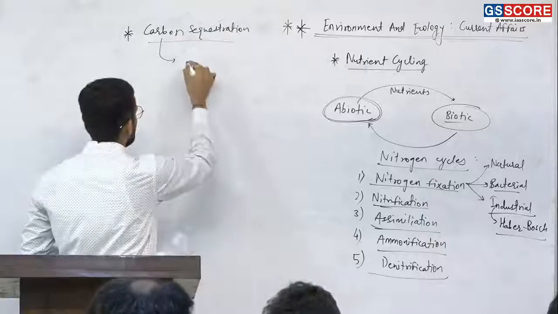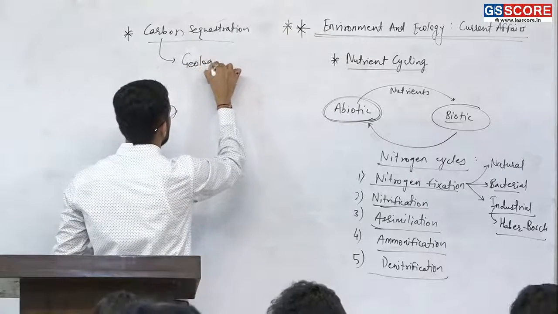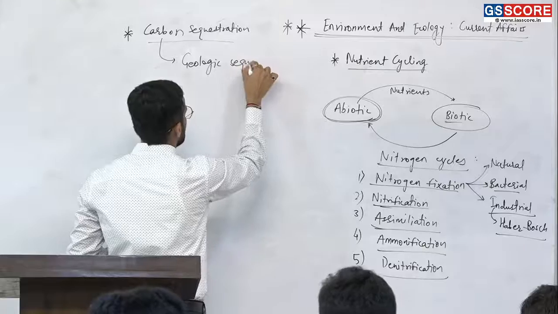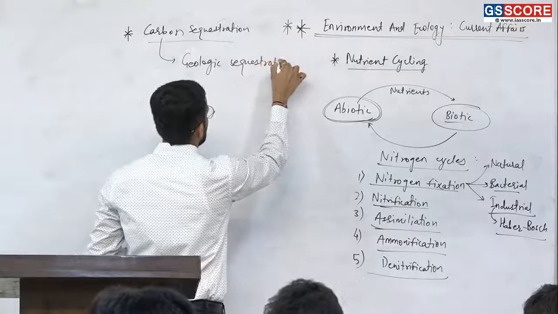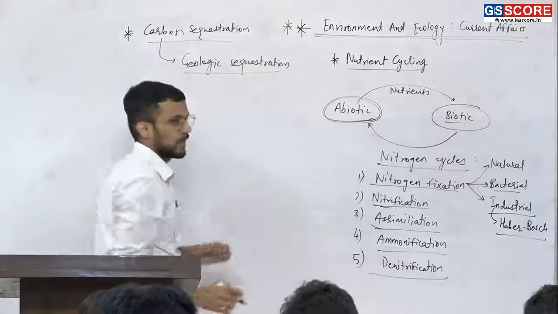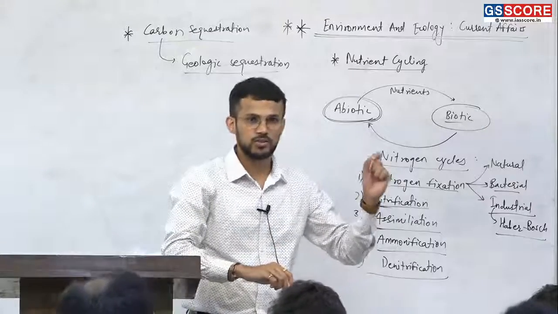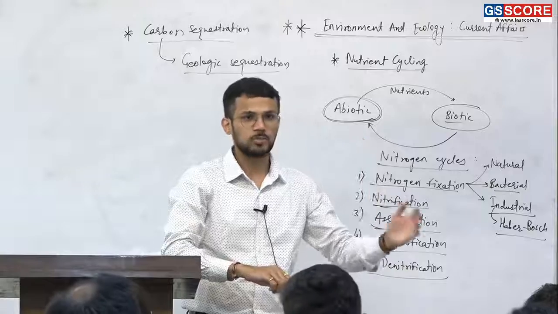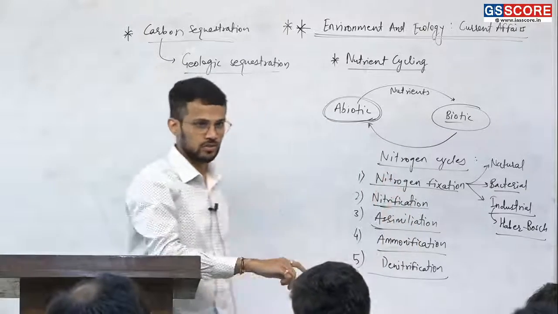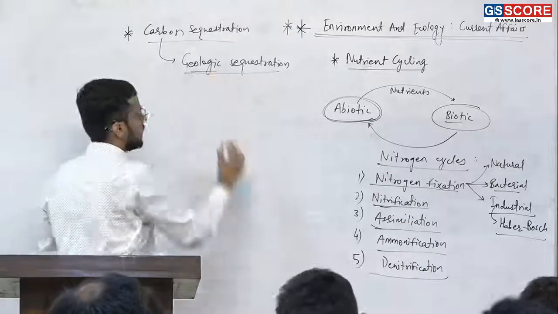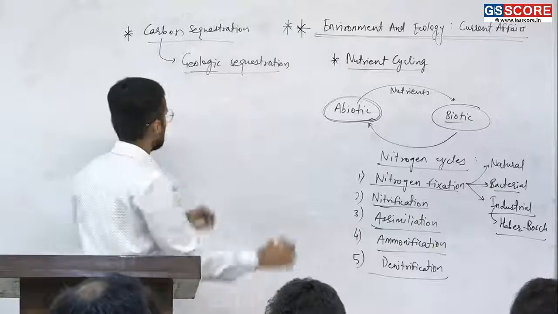First is geologic sequestration. What do we do under geologic sequestration? The captured carbon dioxide will be stored in natural fissures of rocks, unused mines, coal seams, etc. Right, there we will be storing carbon dioxide.